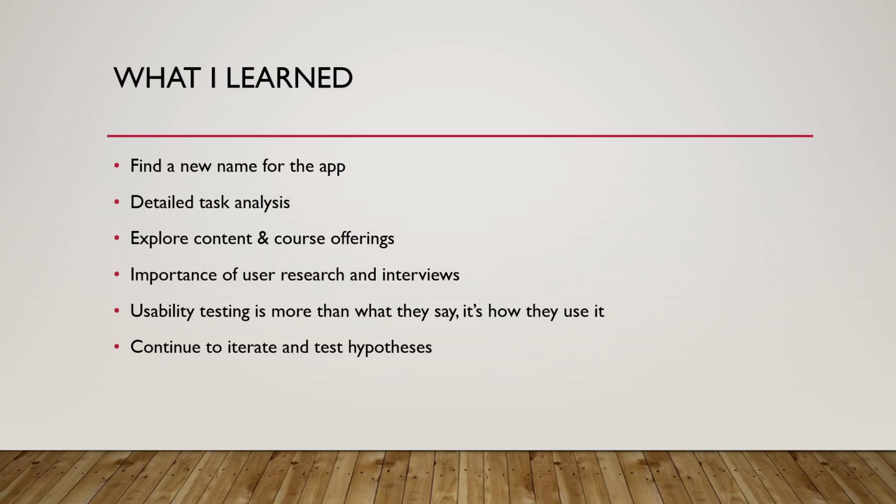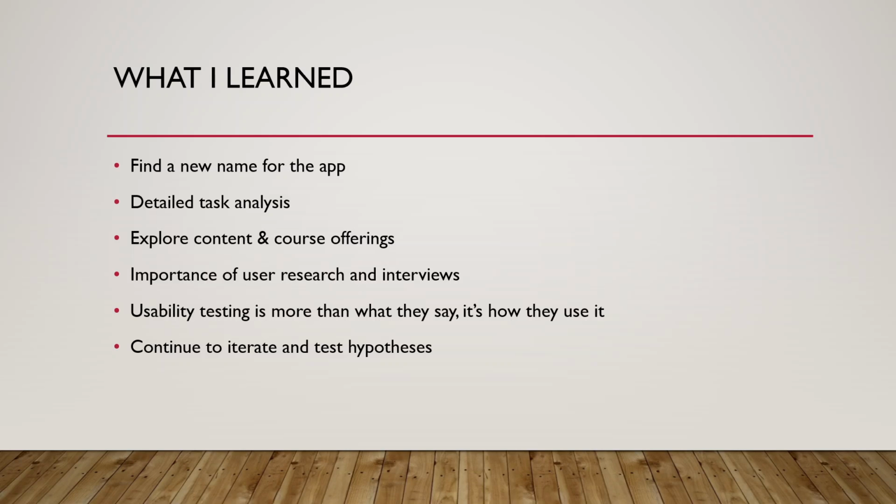And then finally, just continue to iterate and test different hypotheses. I had a hypothesis that archive is a necessary feature for saved notes, and it turns out it wasn't. It was not an important feature for this app. The only reason I thought of archive was because when I was creating the test flow, I saw that as a gap in the test flow.